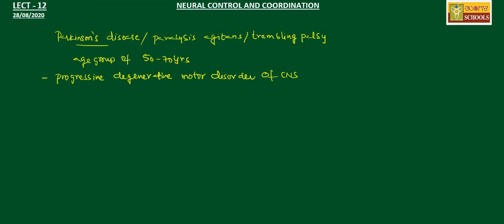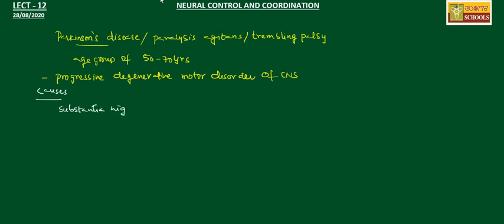Here let's see the causes of Parkinson's disease. In the midbrain there is a structure called the substantia nigra.